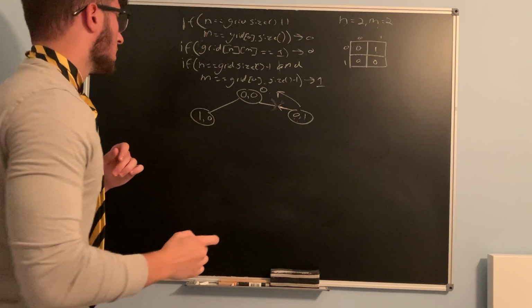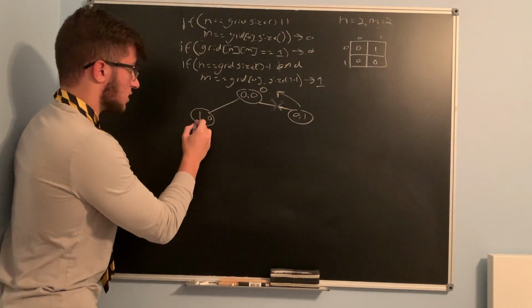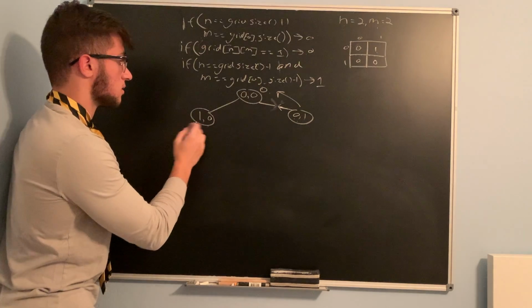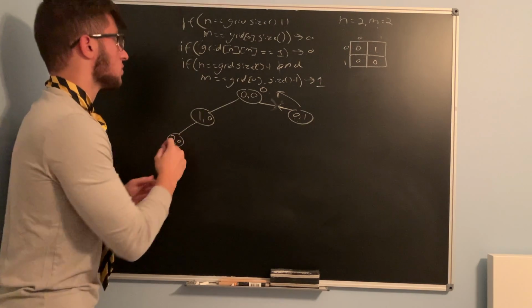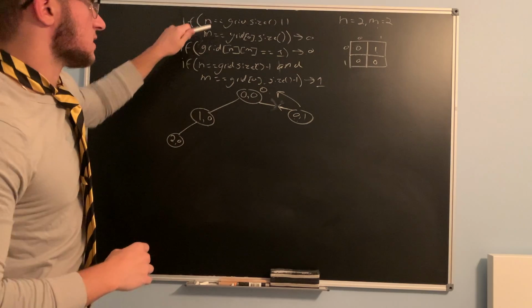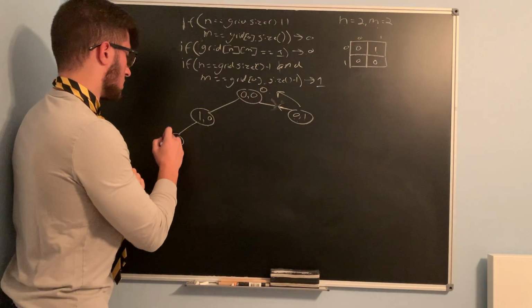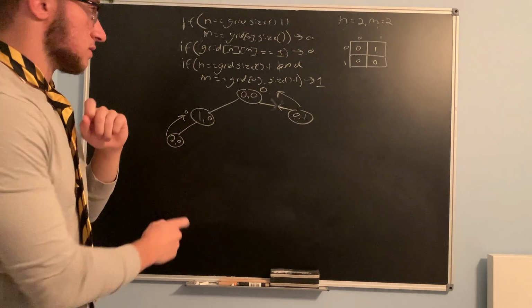And then we come down this branch, and now we can either increment n, which would be 2 comma 0. But this would hit that base case that n is equal to the grid dot size, so n is equal to 2. So this would also return a 0 because we're out of bounds of the actual array.